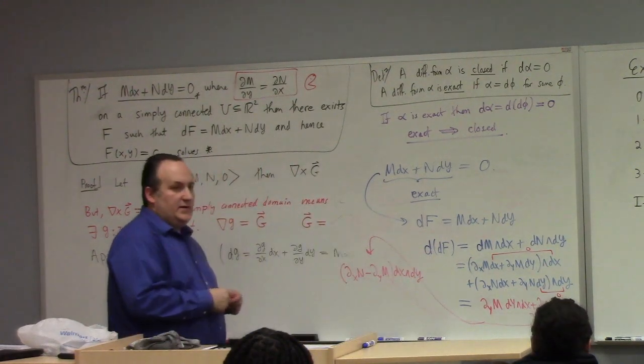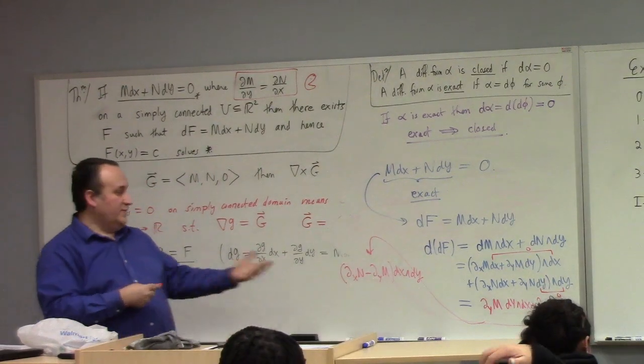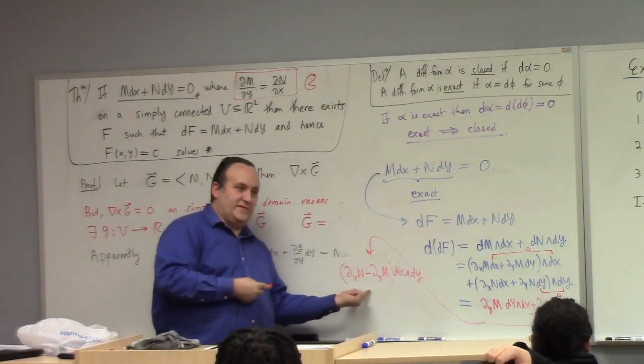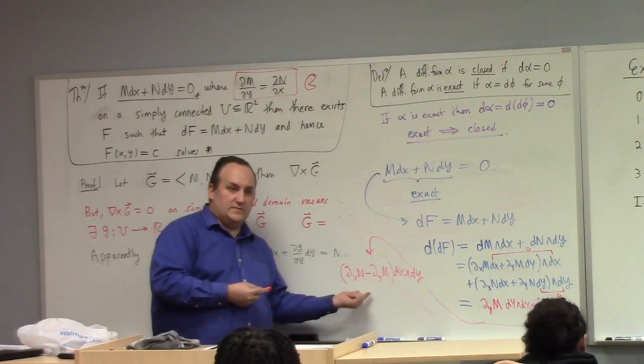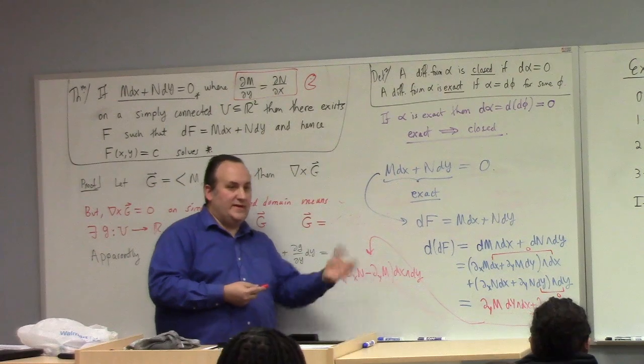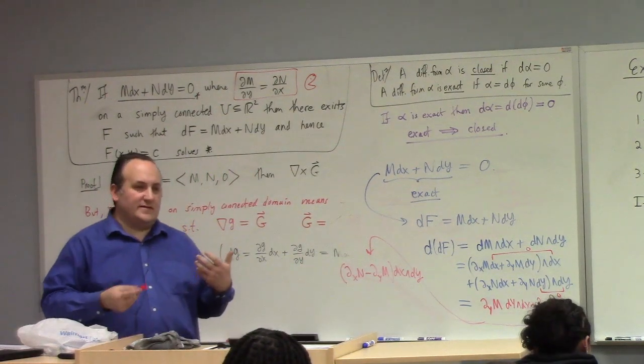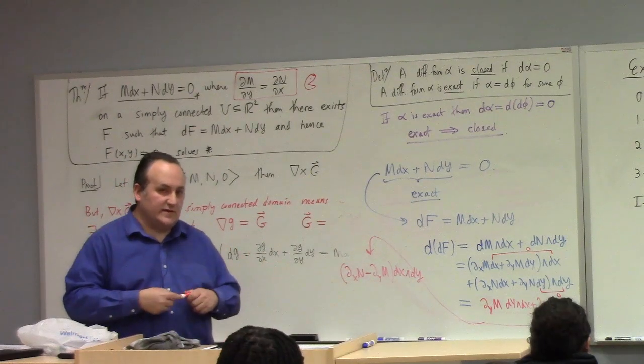Right? So how can this be 0? In order for this to be 0, we need that partial x N equals partial y M. We need that closed condition to hold. It actually is yet another aspect of this general equation that d squared is equal to 0.